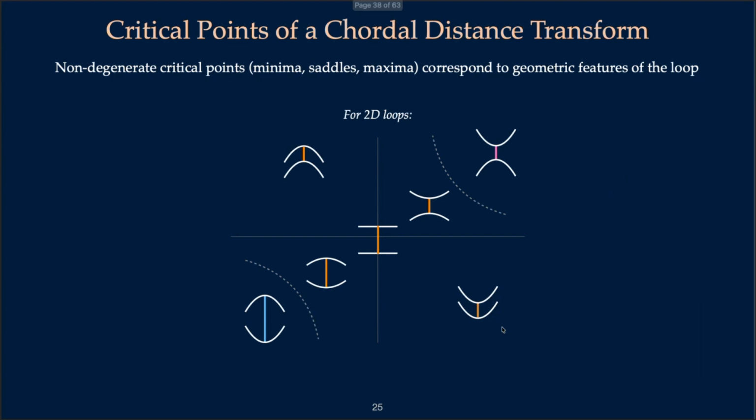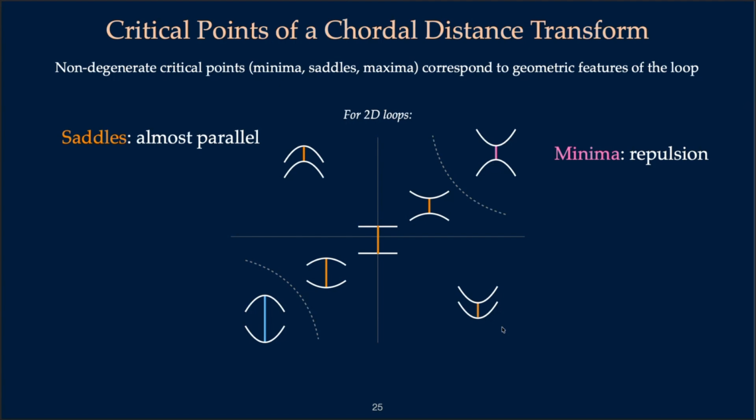But there's more. You could look at all the critical points of this function and interpret them in a nice way. So there's a nice phase diagram, right? On this corner of the phase diagram, they're the minima. They correspond to geometric features of the loop which look like 2 bits of the loop opposing each other. So they look like a repulsion between bits of your loop. The saddle points correspond to the points on the loop that are almost parallel, right? So if it is parallel, then you get a saddle point.